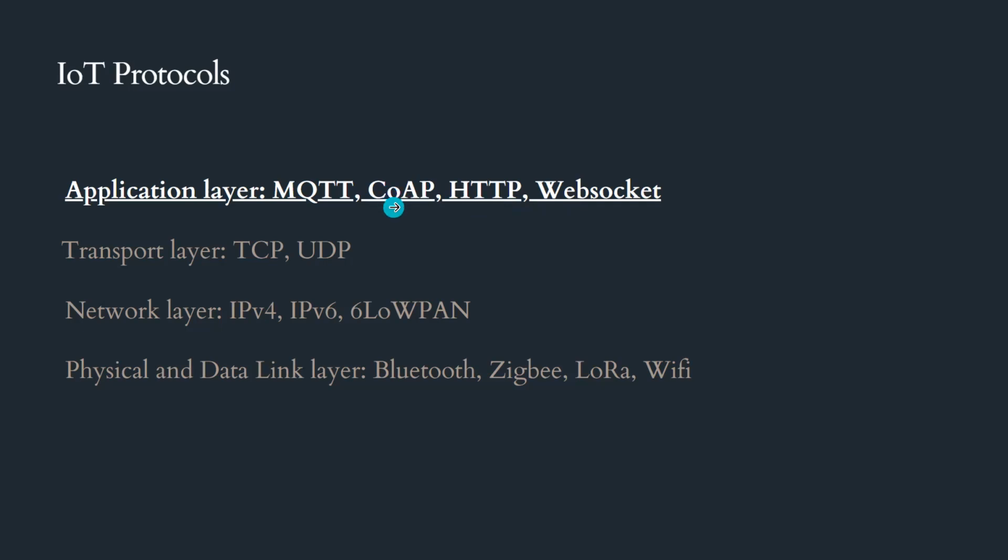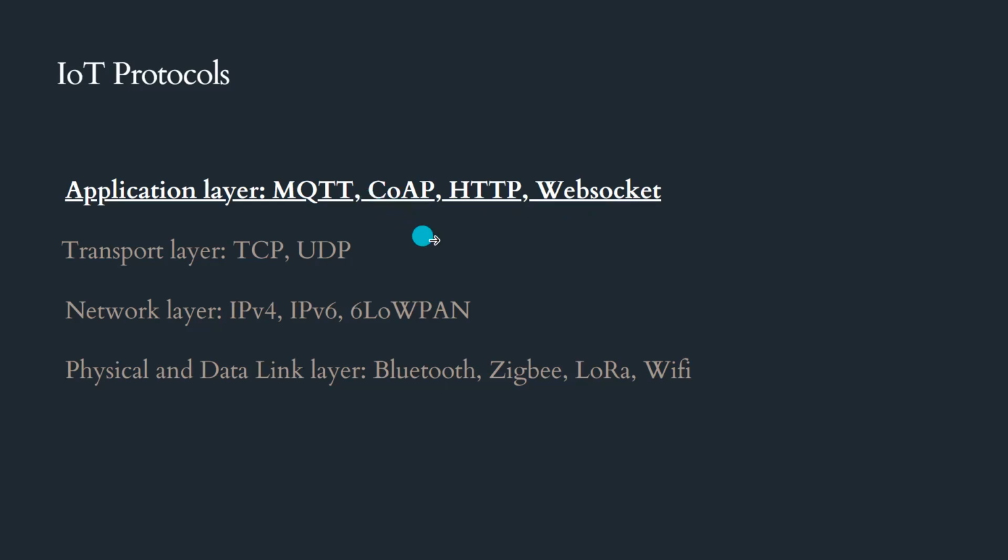Out of CoAP, HTTP, and WebSocket, CoAP is more suitable for IoT networks where the energy of the connected devices is low and the resources at their end are low.